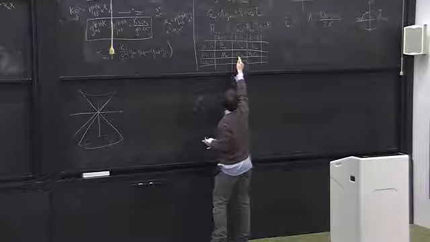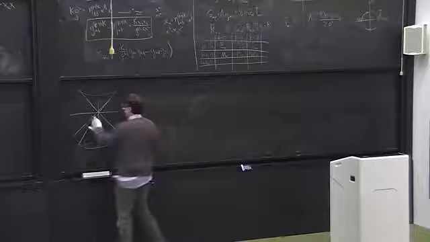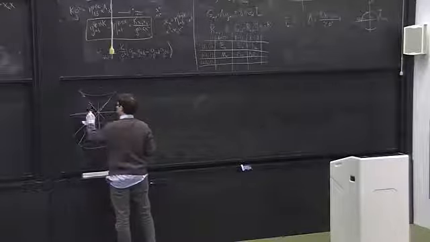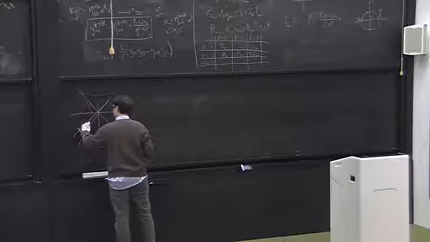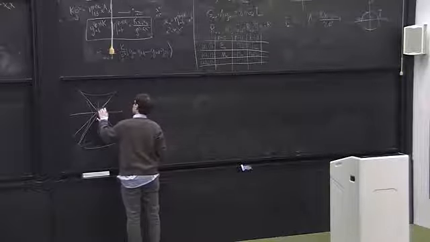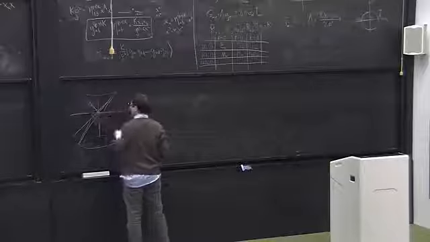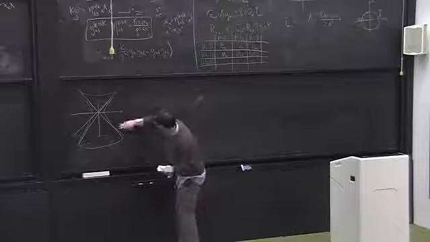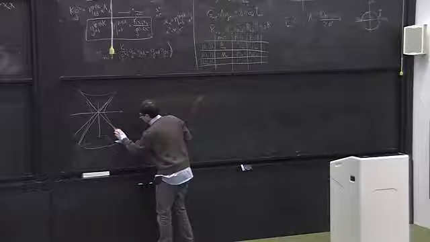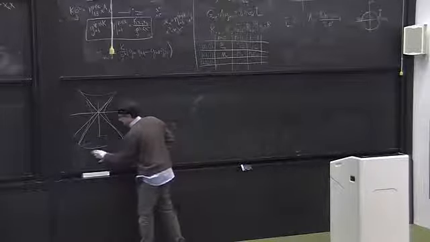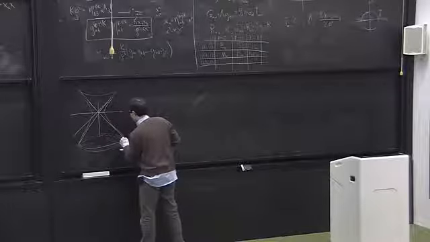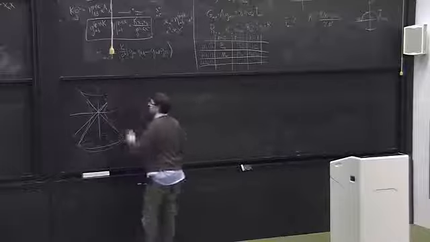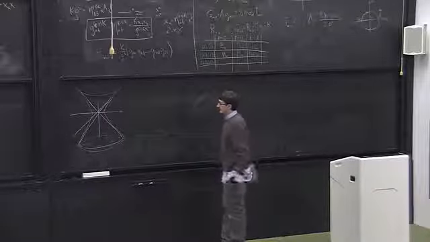So this space, if you just draw that on this figure, it asymptotes to the light cone from the outside. That's not a very good asymptote. Okay, so de Sitter space is the sort of hourglass figure that asymptotes to the light cone from the outside.